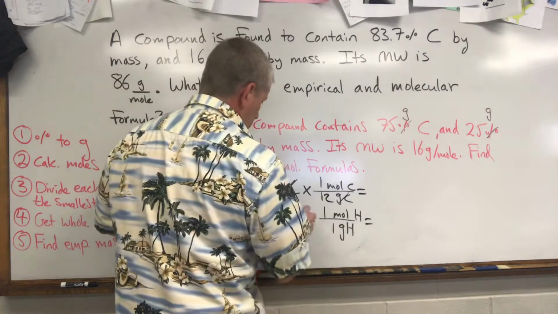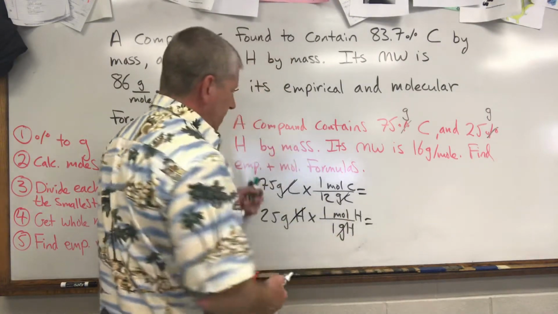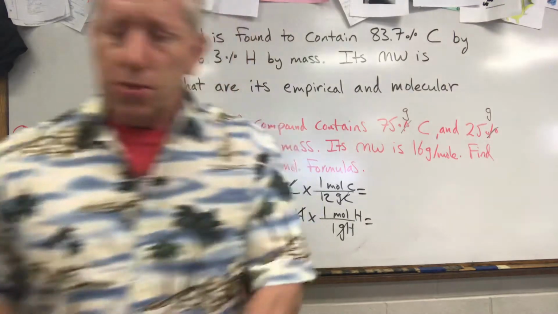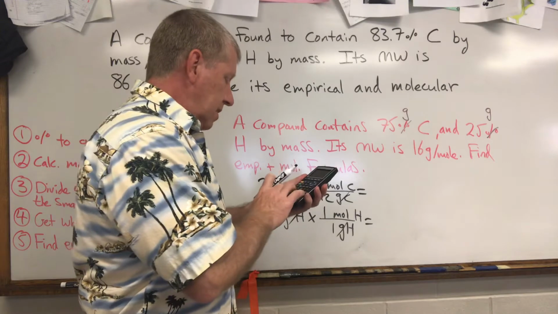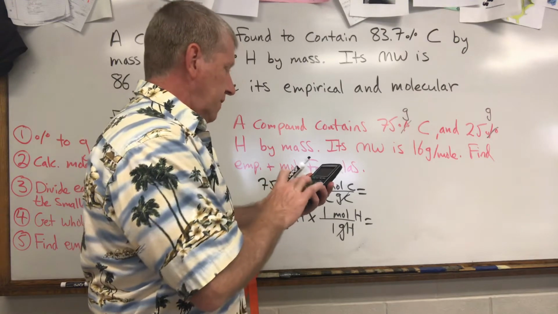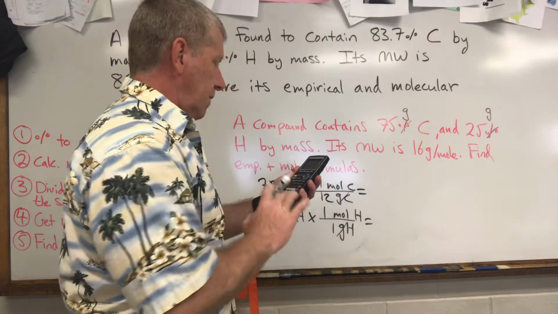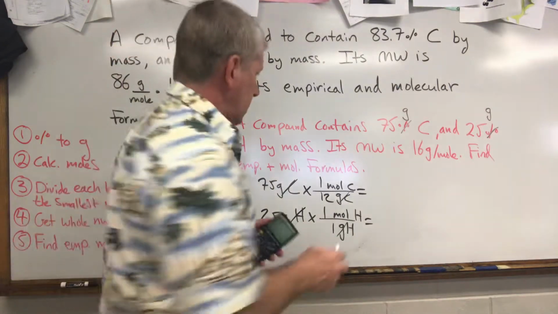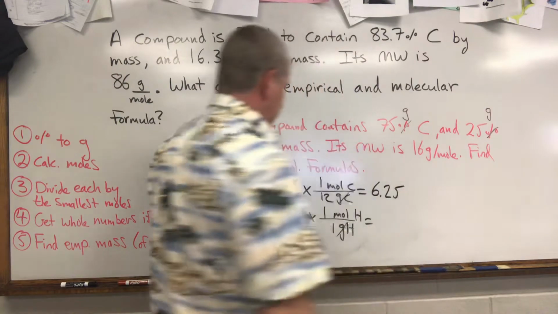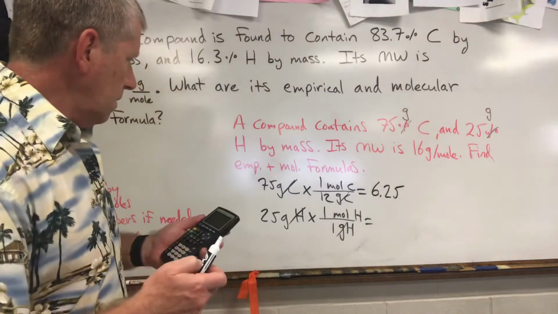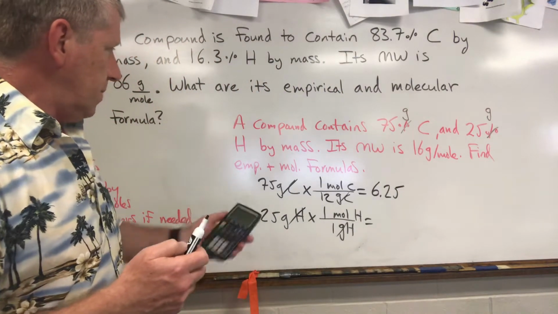All right, so cancel. 75 divided by 12, 6.25. So 6.25 moles.